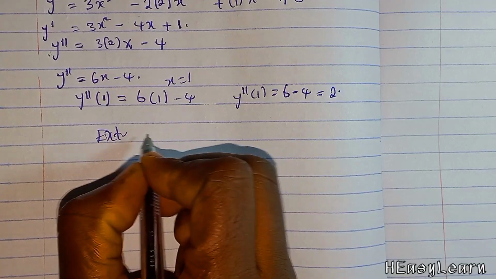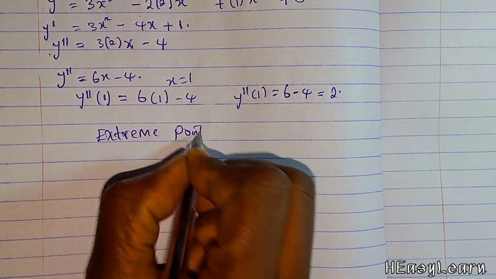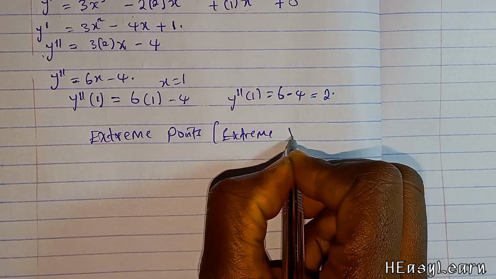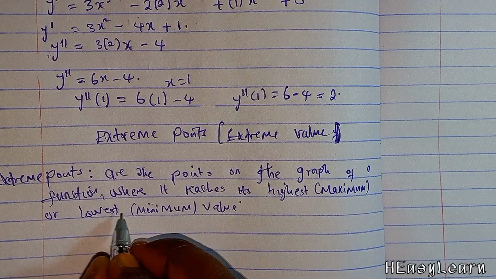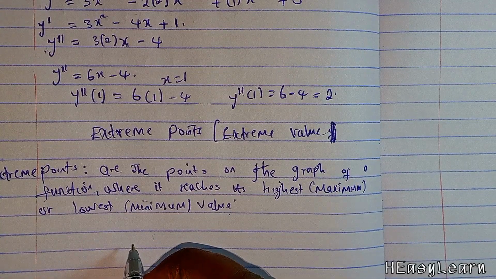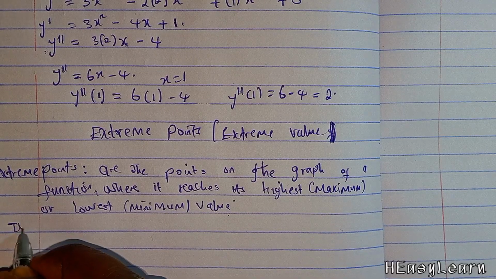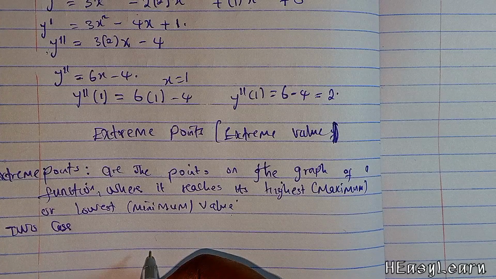Extreme point and extreme value of a function. Extreme points are the points on the graph of a function where it reaches its highest maximum or lowest minimum value. There are two cases. Case 1, if the curve peaks, then we say we have a maximum extreme point.